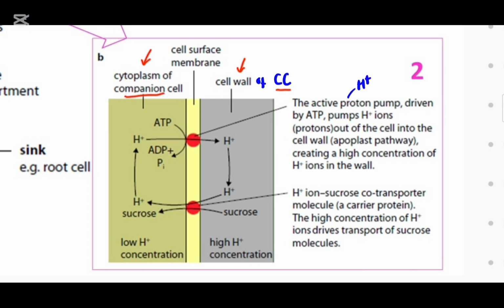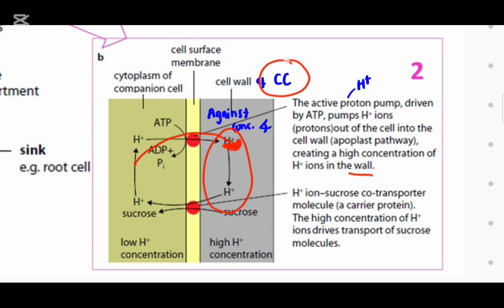So hydrogen ions are pumped out by active transport, meaning against their concentration gradient, because there's already a lot of them. You are further increasing the concentration of hydrogen ions in the cell wall of the companion cell.